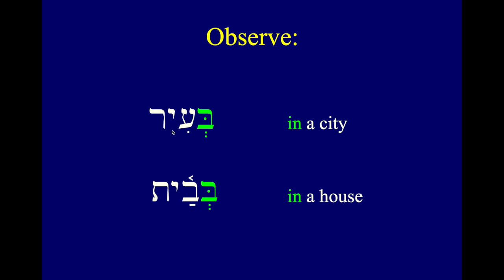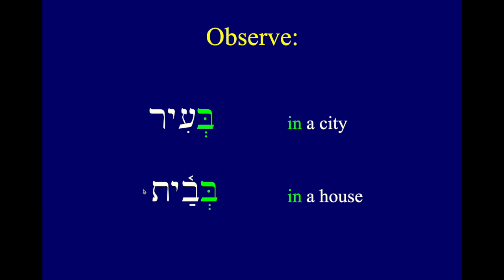So, ba'ir. Ir is the word that means city. Ba means in, and it has a schwa underneath it, so it's just in, city. And in Hebrew, if there's no definite article, then it's indefinite. In English, we have to add the word a to show that it's indefinite. In Hebrew, you don't need that. So in a city. Or bavayit, in a house. Bayit means house.